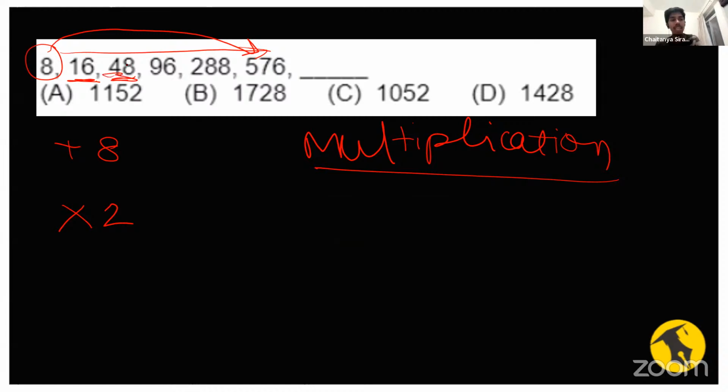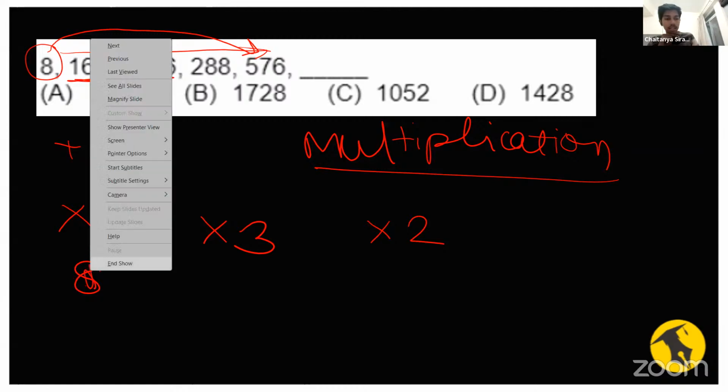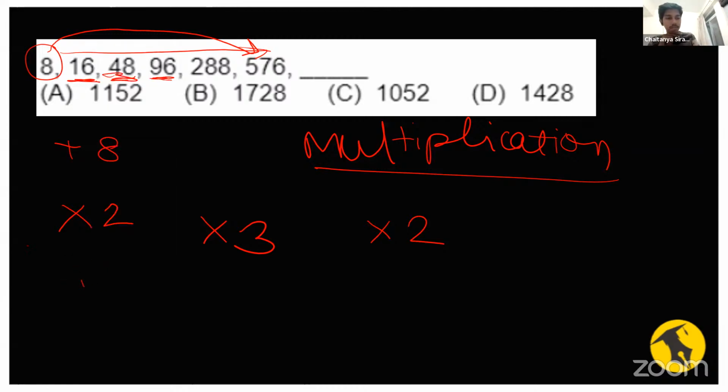So how can I get 48 from 16? I multiply by 3. How do I get 96? I again multiply by 2. Initially I had 8, then I did 16, then it was 48. 48 times 2 is 96.